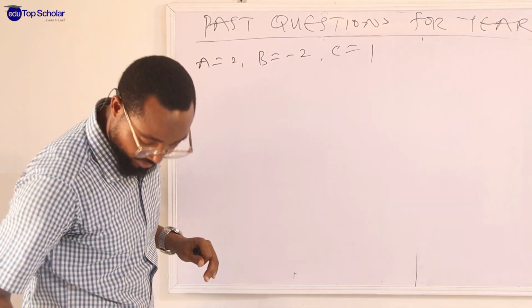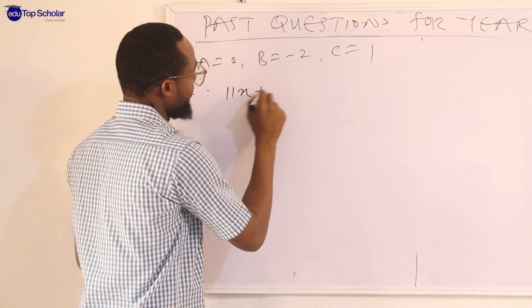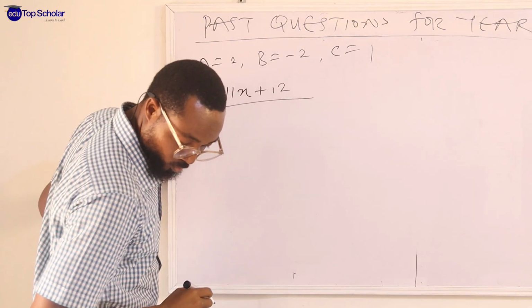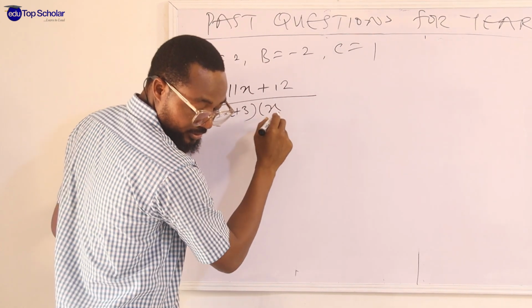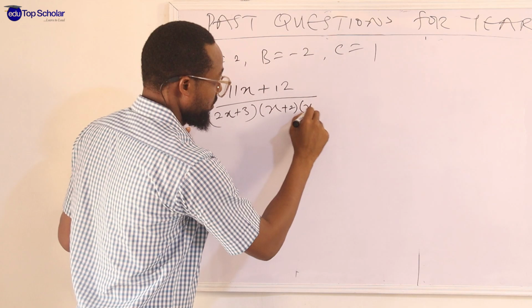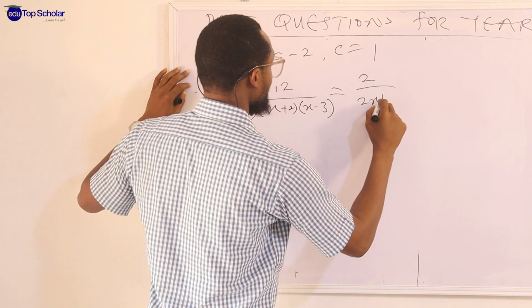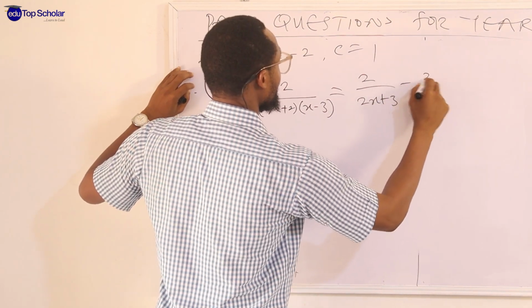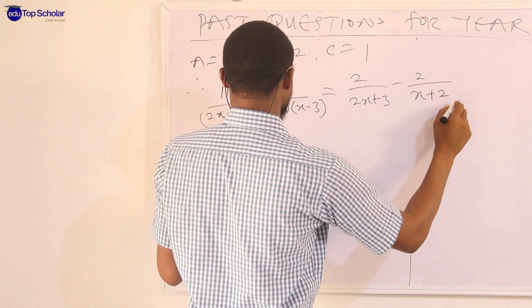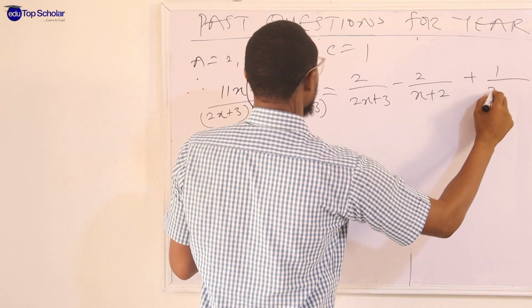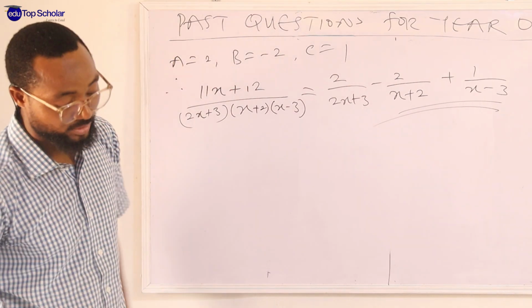Therefore, the question 11x plus 12 over 2x plus 3, x plus 2, x minus 3 is now equal to our a, 2 over 2x plus 3, minus 2 over x plus 2, plus 1 over x minus 3. That will be the required solution. So we are done with question 3.